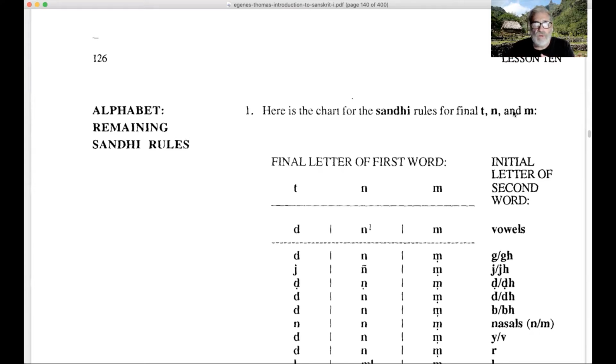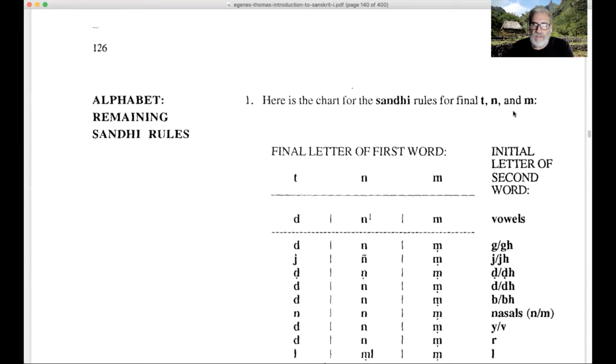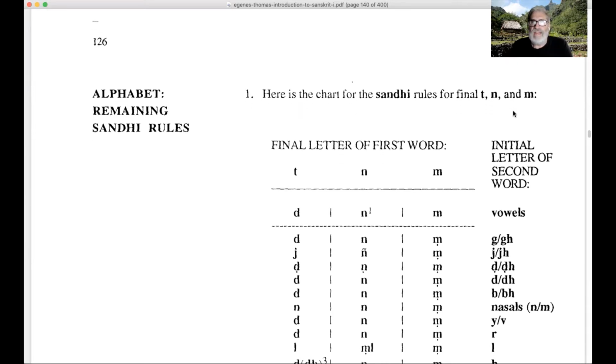Okay, so anyway, here's the Sandhi chart. This is a Sandhi chart for final t, n, and m. We should also note that when he shows the final letters, we're talking here about what's called external Sandhi, the coming together of two words, the final letter of the first one with the initial letter of the second one.